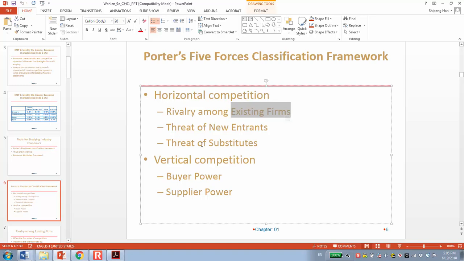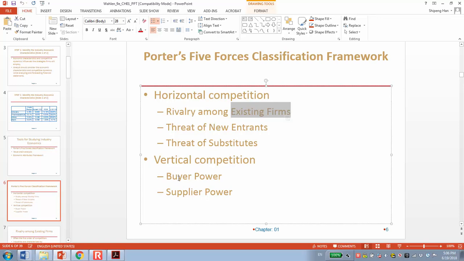A threat of substitutes, that's regarding the products, right? Whether your products have lots of substitutes. That's another horizontal factor you should consider. The other two are vertical, either from the buyer's customer, right? The outlet of your products.